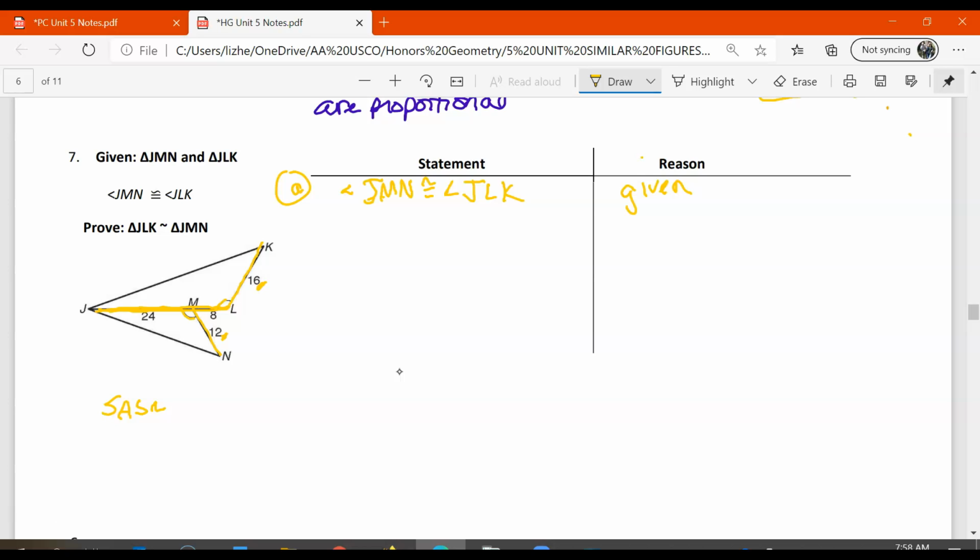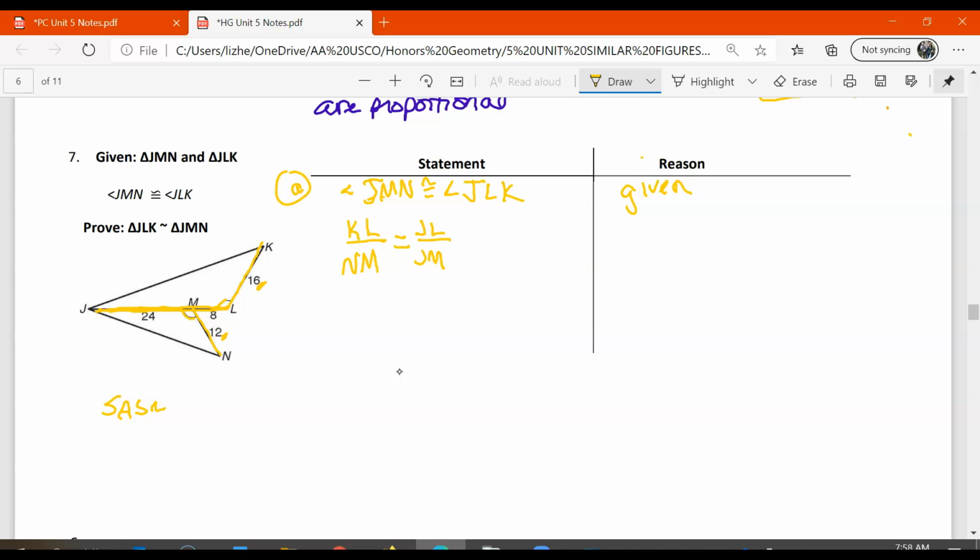So that means I need to prove that KL to NM, so I'm going big over small, is equal to the side JL over JM. If that proportion is true, then I'm good to go.